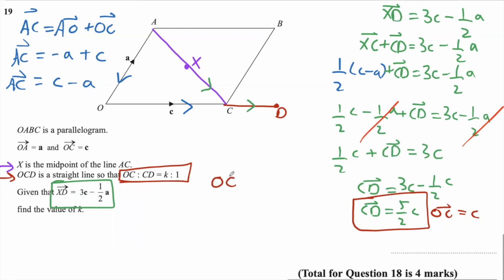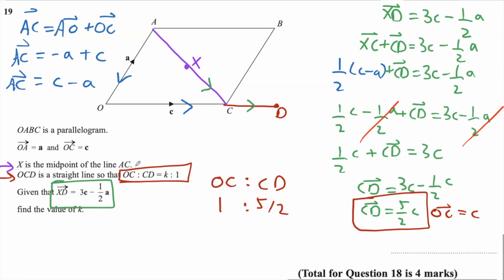That means OC ratio CD should be 1 ratio 5 over 2. Once again, if CD is 5 over 2 times C, that means that the ratio OC to CD is 1 to 5 over 2.